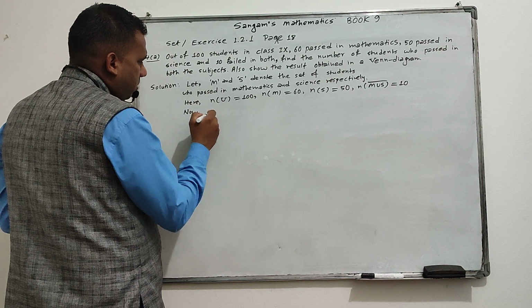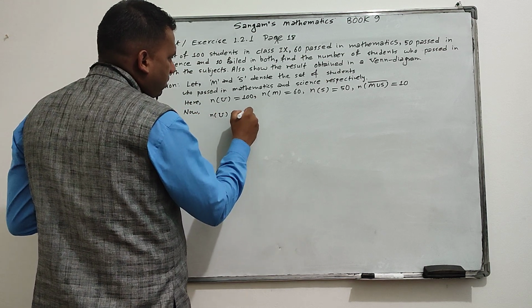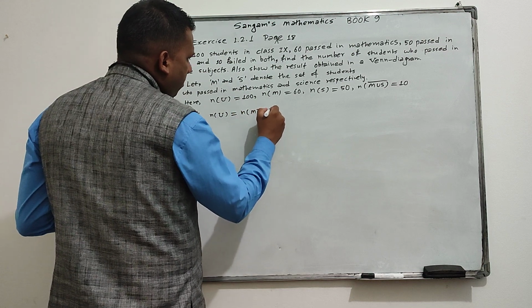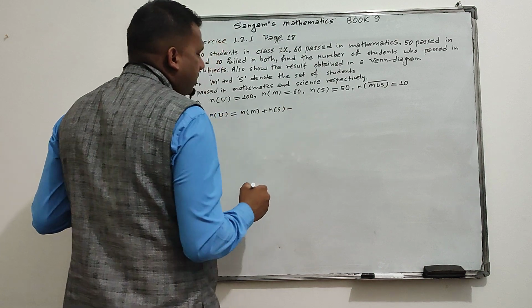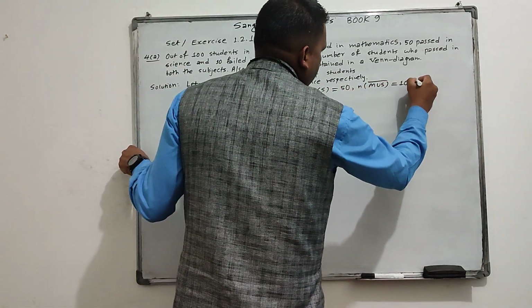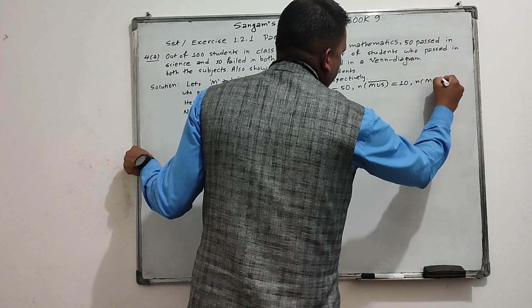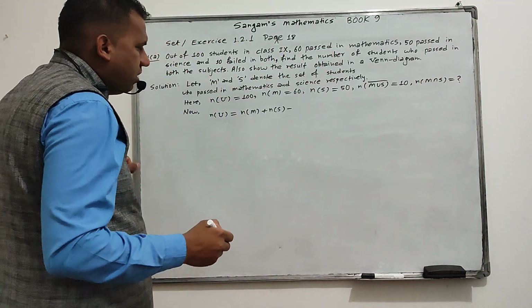Now, n(U) equals n(M) plus n(S) minus... our question is who pass in both. That means the question is n(M intersection S) equals question mark. We have to find the intersection data.